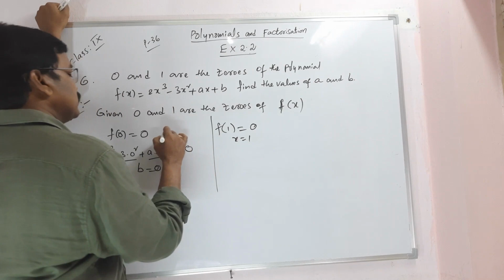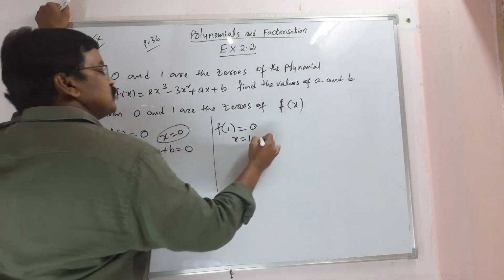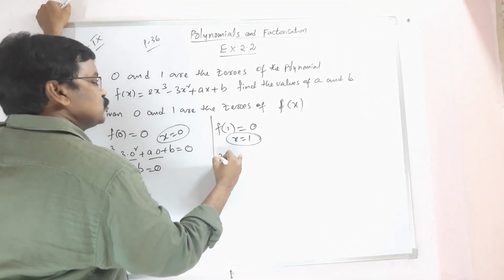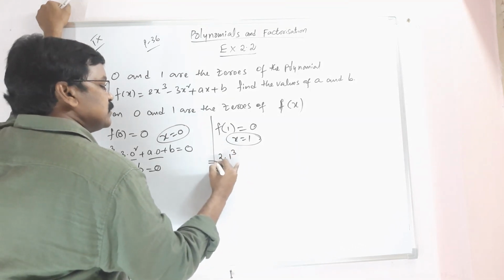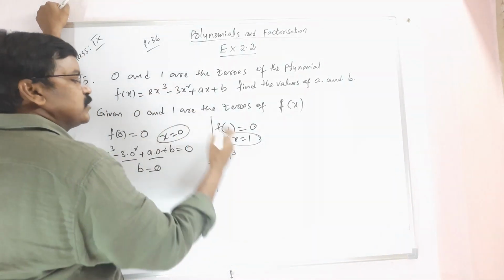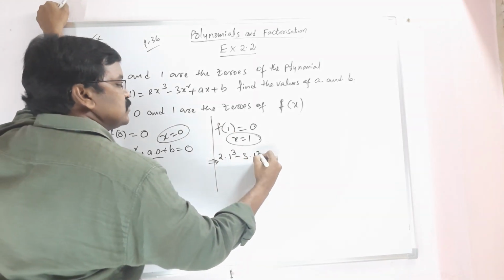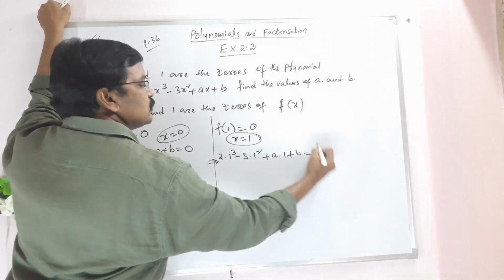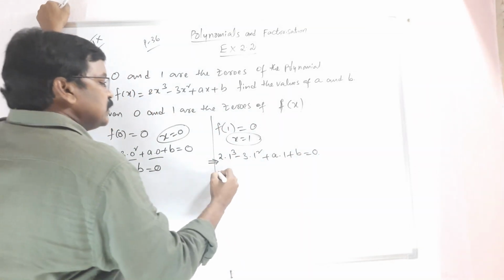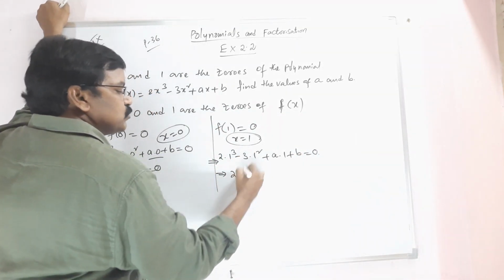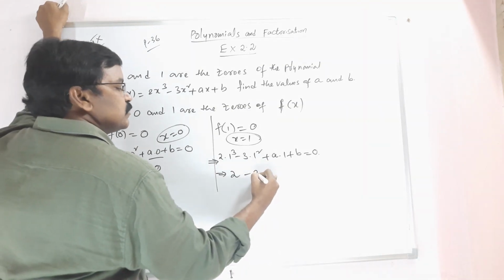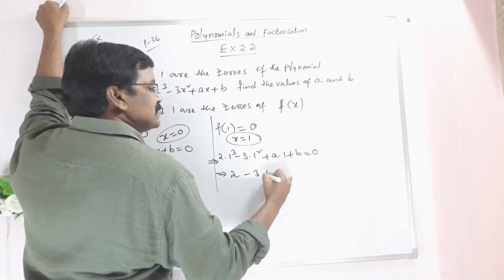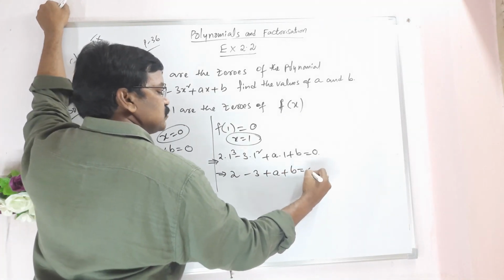Now f of 1, substitute x is equal to 1 in the given polynomial. That means 2 times 1 cube minus 3 times 1 square plus a into 1 plus b is equal to 0. So 2 times 1 cube means only 2, minus 3 times 1 square is 3, because 1 to any power is 1 only, plus a plus b is equal to 0.